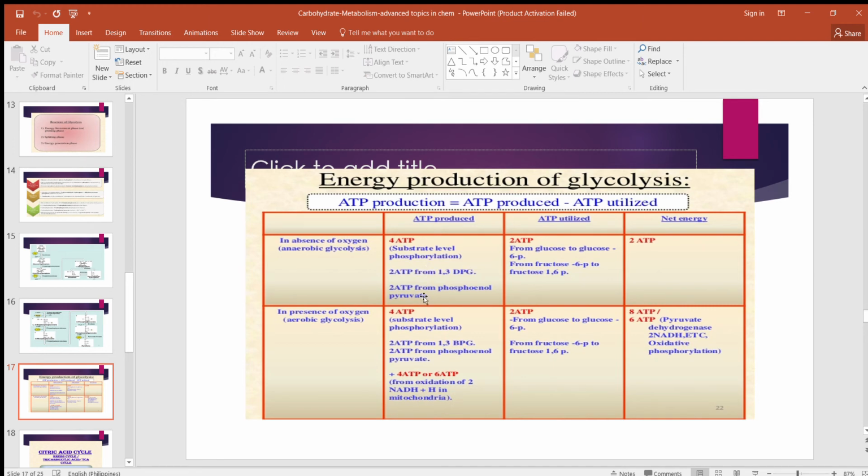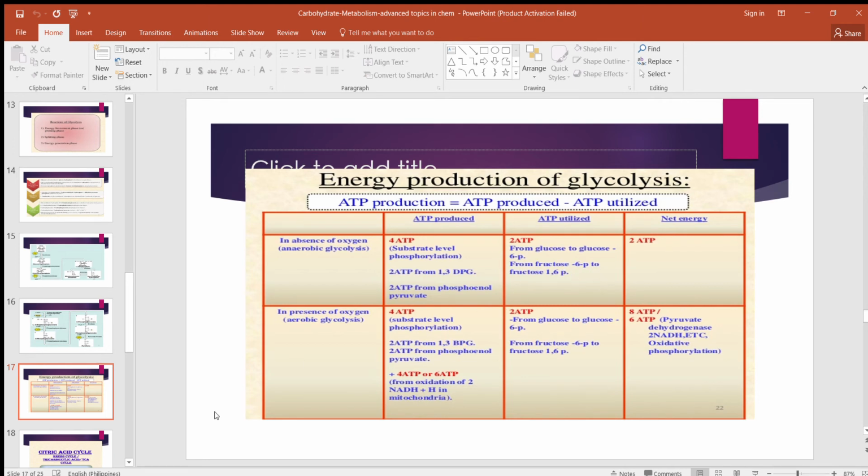Okay? So, ito yung reaction na to. But, na-utilize natin ang dalawang ATP, kaya yung 4 ATP minus 2 ATP, ang net energy natin is 2 ATPs. From glucose to glucose 6-phosphate, from fructose 6-phosphate to fructose 1,6-bisphosphate.